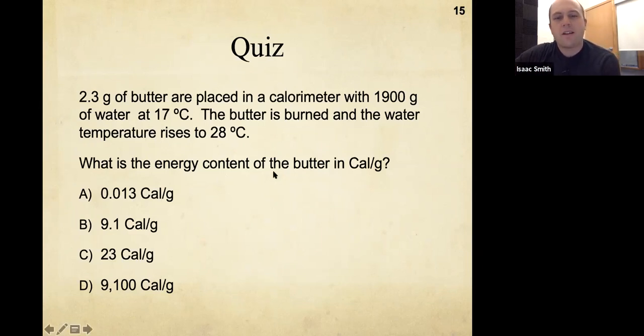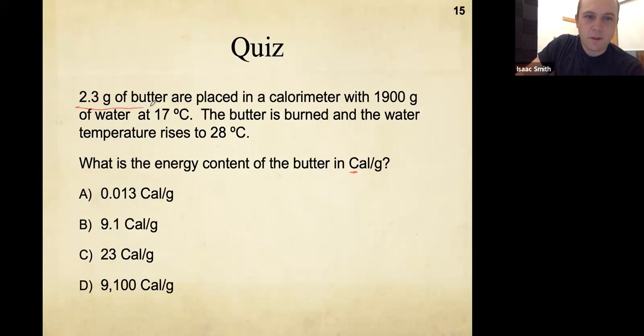So we want to know what the energy content of the butter is. So it's asking for the answer in calories with a big C, okay, so it's kcals per gram. The gram is given to us, right? We know we have 2.3 grams of butter. So that part we don't have to really solve.